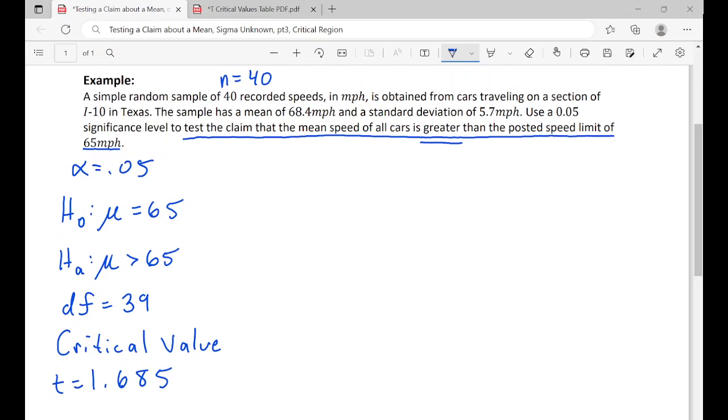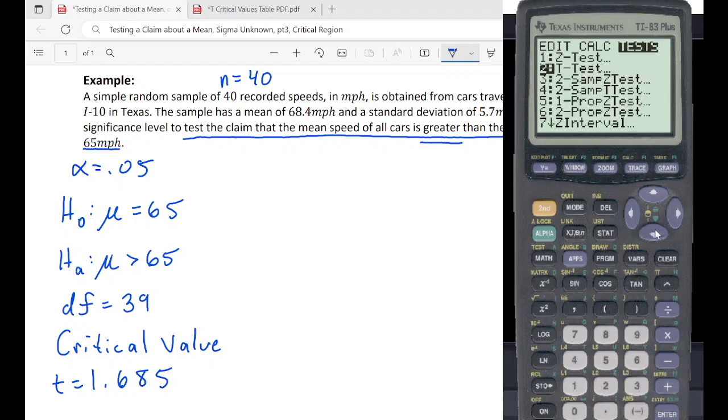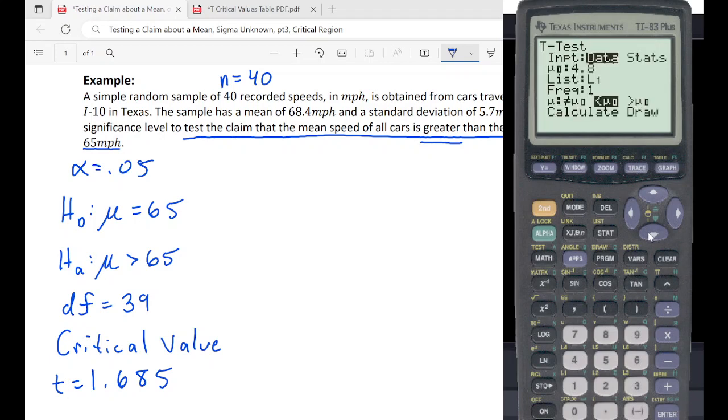So we still have to find our test statistic. I'm going to use a calculator to do that. I'm just going to go to Stat Tests and do a t-test. I have a bunch of statistics, so I'm going to go to Stats, hit Enter.